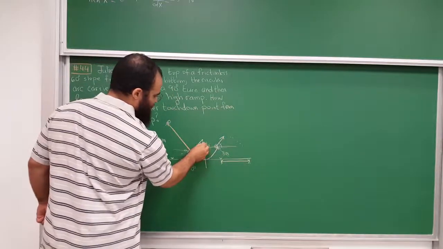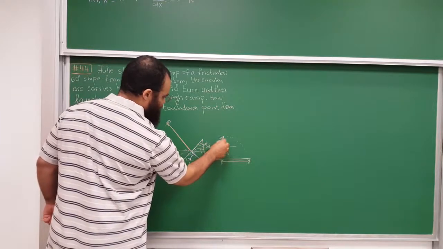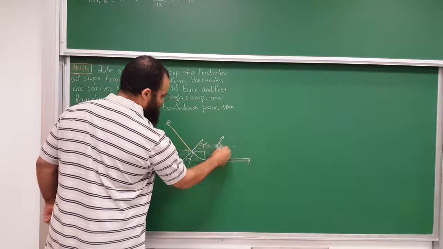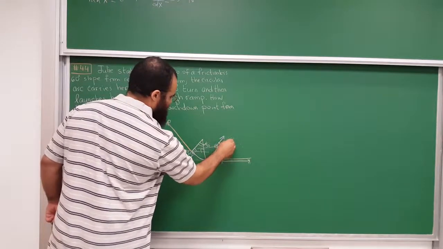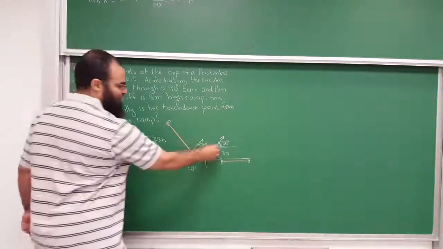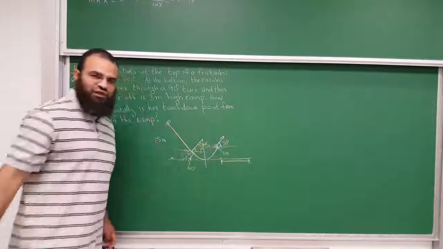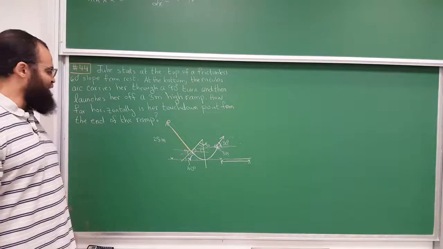So if this is 30, then this is 60. And this is 60, so this is 30. Because these two add up to 90 also. So that's 30 degrees. So that angle is 30 degrees. So if we figure the velocity here, she's going at 30 degrees above the horizontal. So we need to figure out what the velocity there, what the speed is over there.